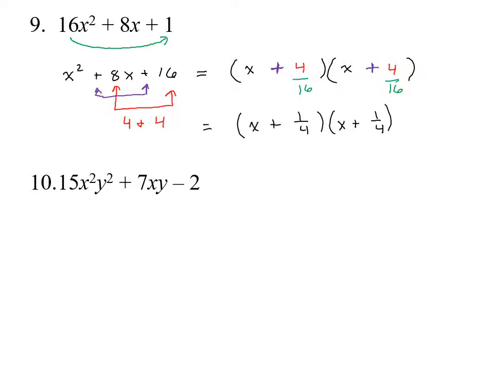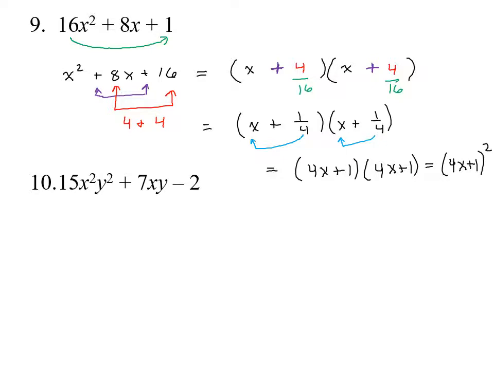You did factor it, but most of the time we don't like fractions in it. So what we do is we take the 4s and we'll put them back in front of the x's. And so your answer here would be 4x plus 1 and 4x plus 1. Or, if you wanted to combine them together, this is 4x plus 1 all squared. Either one is okay.